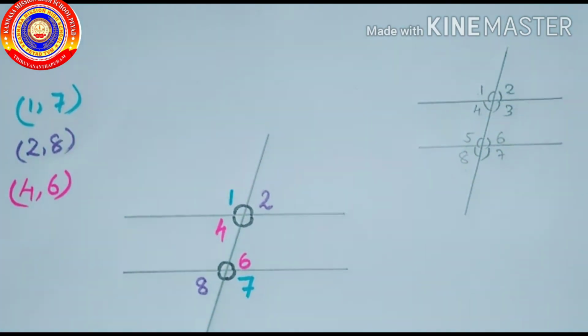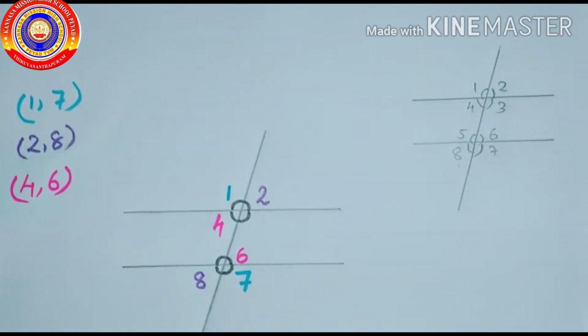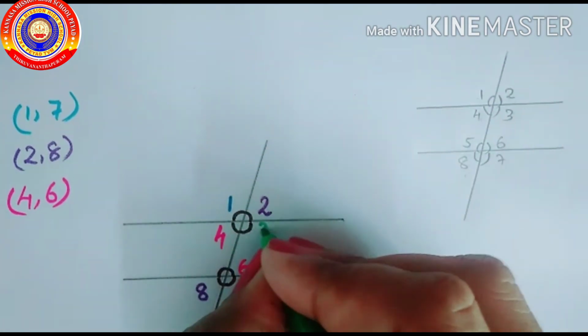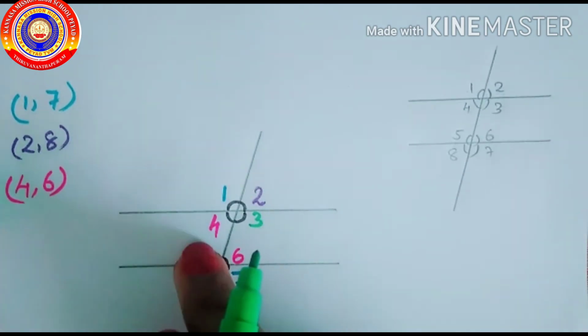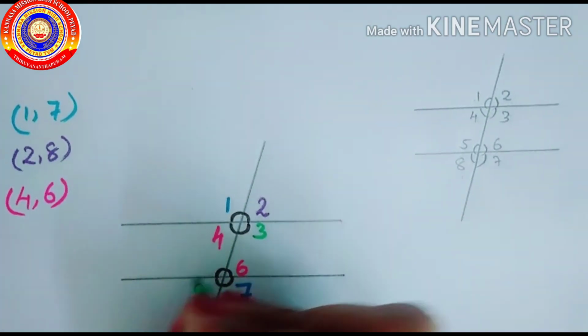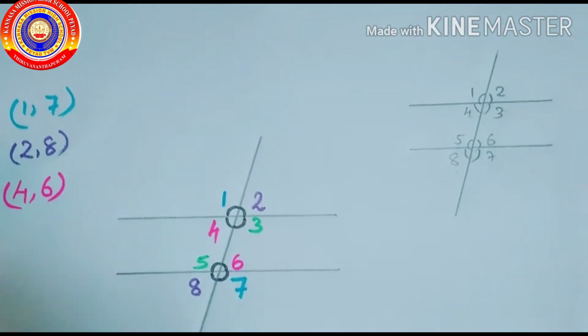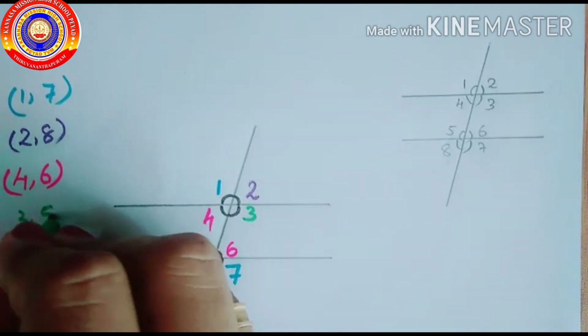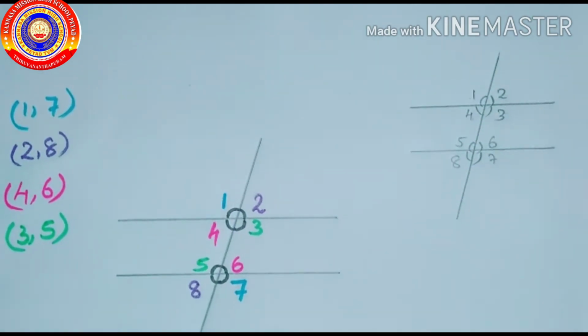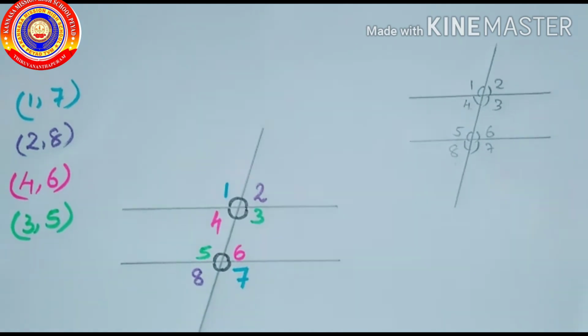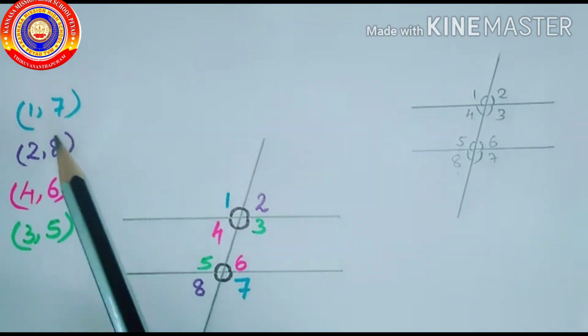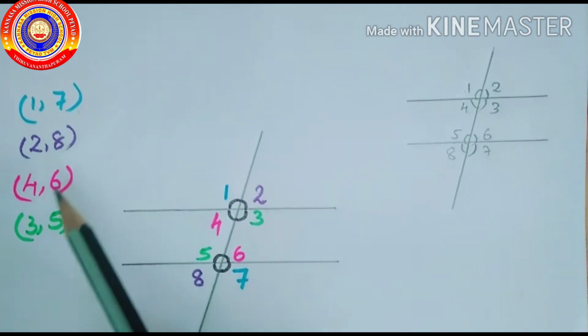And another pair of alternate angles are number 3 and number 5. So, here 4 pairs of alternate angles are formed.